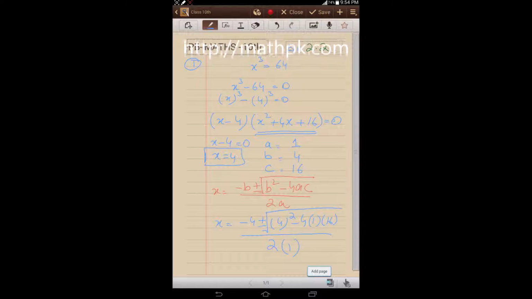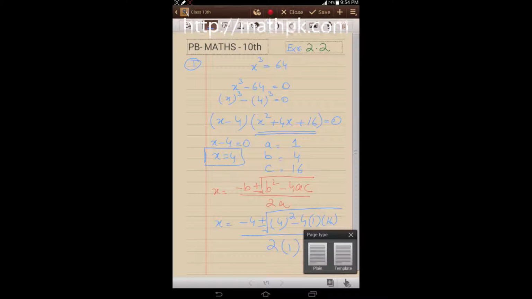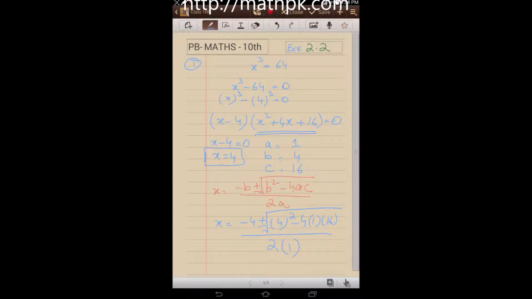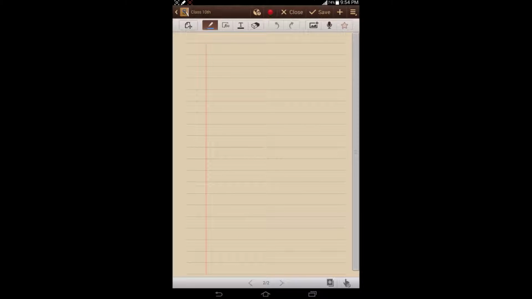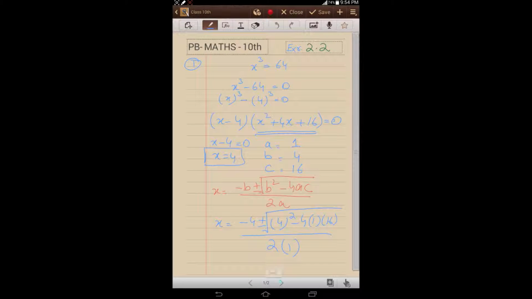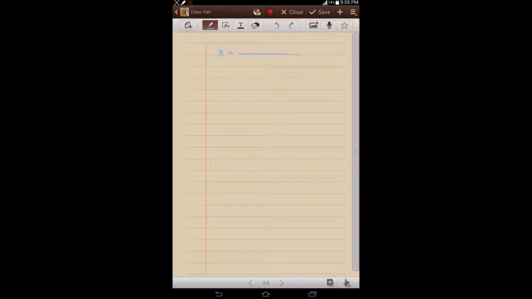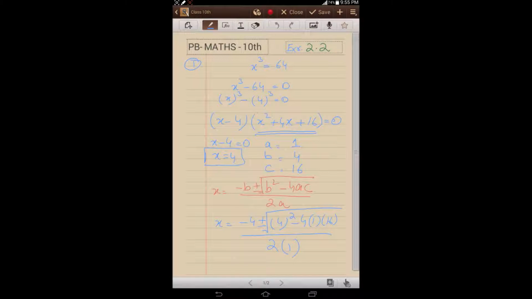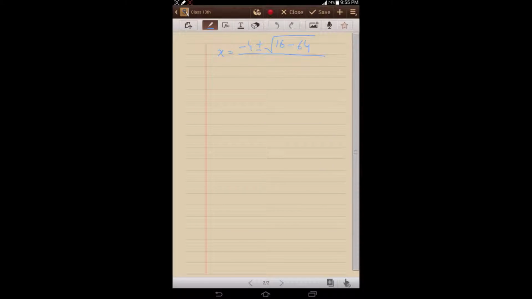So we can write it as x is equal to, what we have, minus 4 plus minus square root of 16 minus 64. Let me check. Yes, divided by 2.